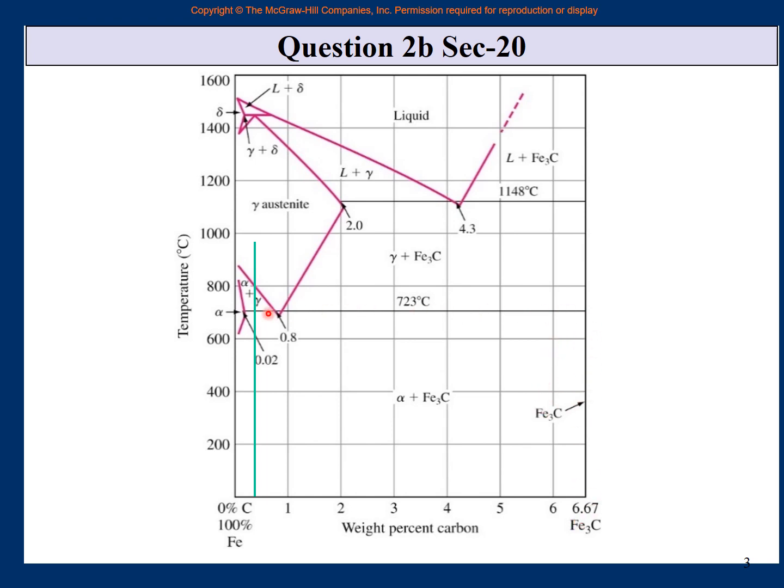So your tie line, just below 723, has in the middle the given percentage, 0.25% carbon, on the left 0.02% carbon for alpha, and on the right 6.67% carbon for iron carbide. Once you draw the tie line, then everything is there.